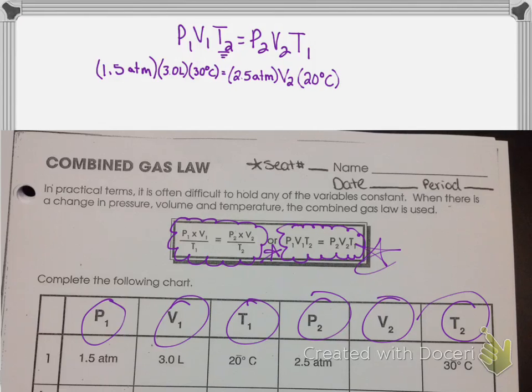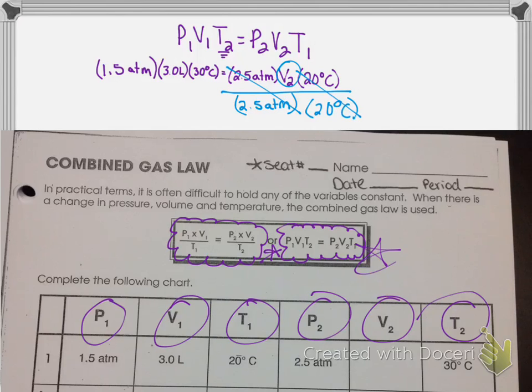Now we want to solve this equation for V2. So what we're going to do is get rid of the things that are attached to the V2. Both of them are attached by multiplication, so we need to do the opposite to make them go away. If I divide by 2.5 ATM and also divide by 20 degrees Celsius, that is going to leave me with just V2 on the right side, which is good.